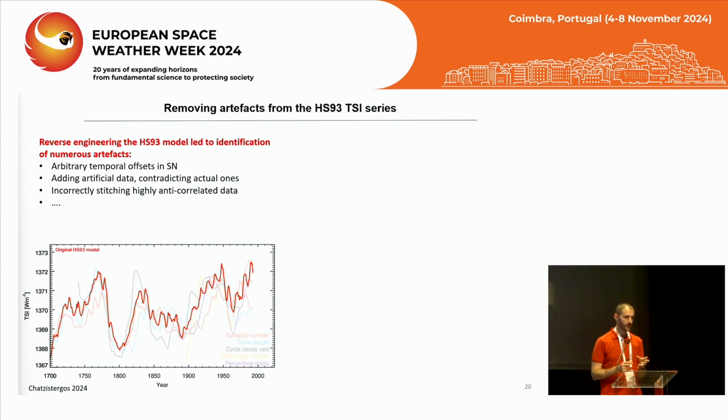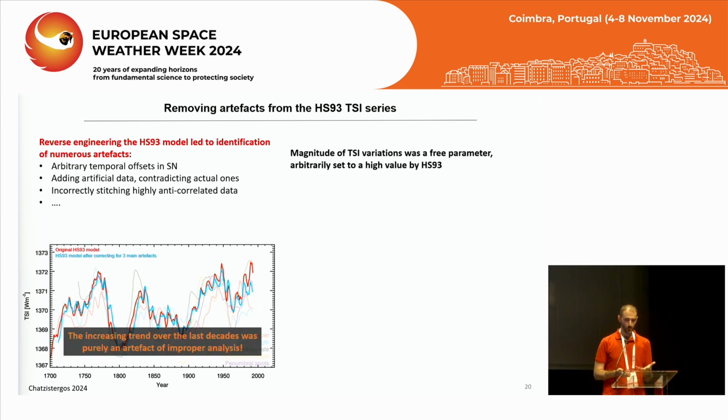They added data that don't exist, which actually ended up contradicting the actual ones, but they also incorrectly connected data that was highly anti-correlated. So if one were to correct just for these 3, not all the issues, that is enough to remove the sharp increase that this series was showing over the last decade. But the more important part is that this large amount of variation that this series was showing was not something that was a result of the model. It was something that they imposed on it arbitrarily.